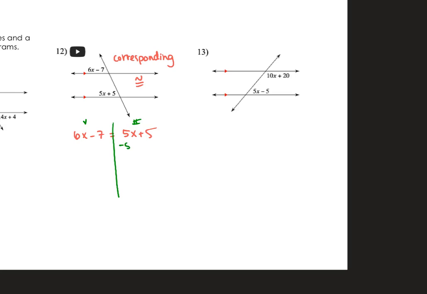So I'm going to subtract 5x. So then on the left-hand side, we have x minus 7 equals 5. And then we need to move 7 over by adding it. So x equals 12. And we don't need to divide since we already have x by itself.